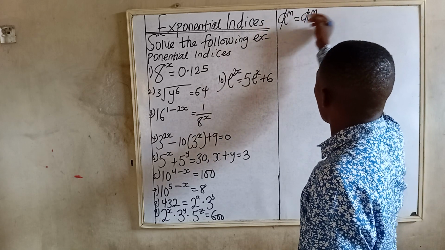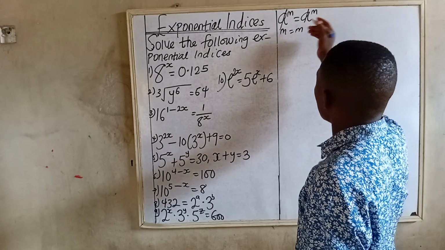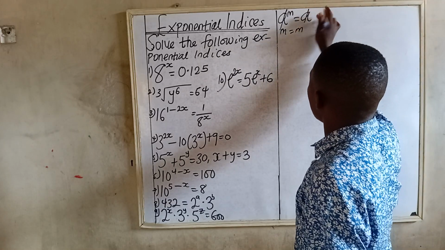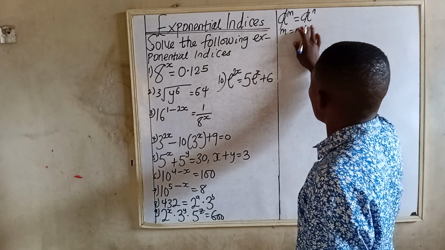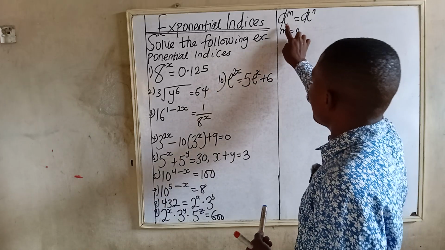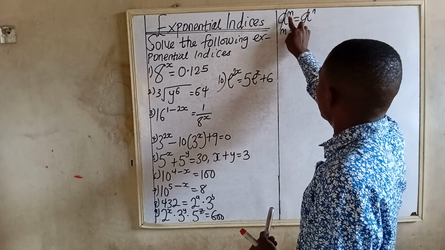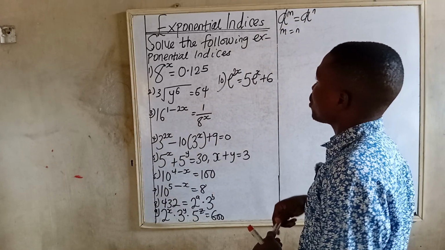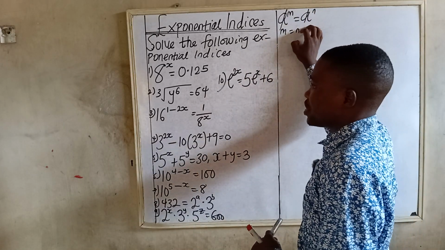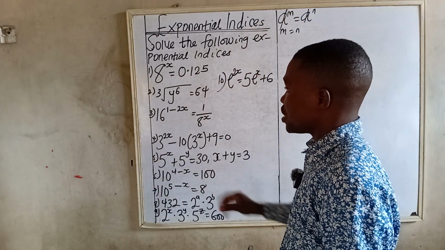It means that the powers will be equal to each other, so m will be equal to n. Once the bases are the same, we cancel out the base, then the powers will be equal to each other. So we need this knowledge for these exponential indices.